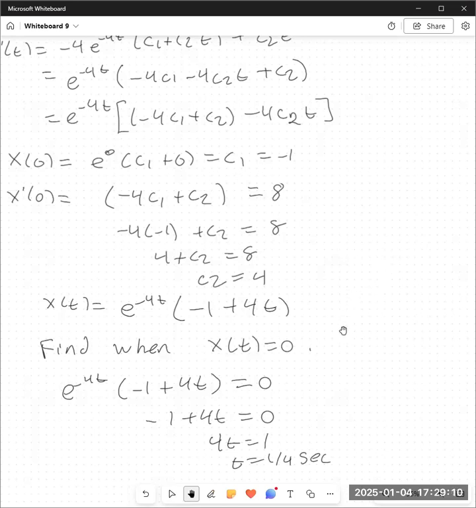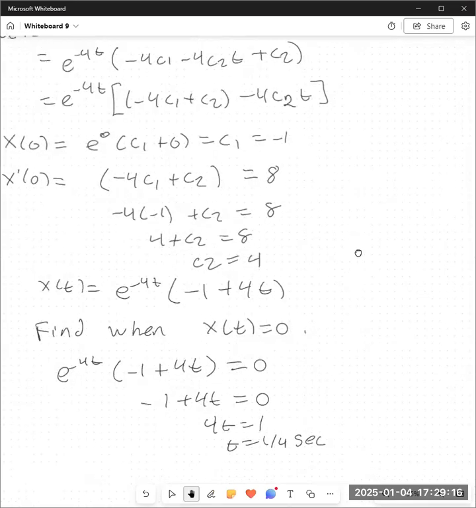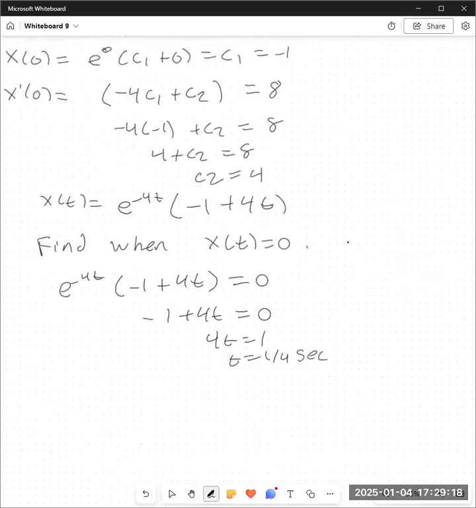Second part of the question says, find the time at which the mass attains its extreme displacement. So that's going to be find when x prime of t equals 0.